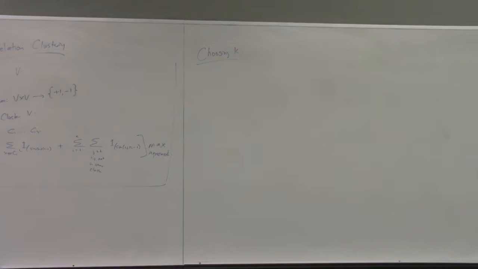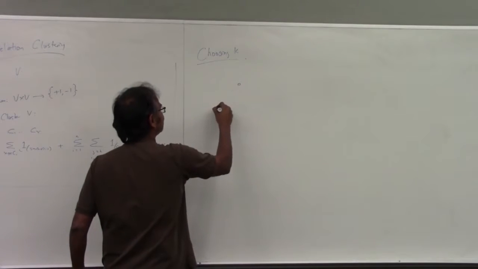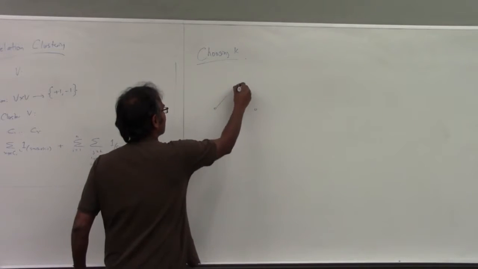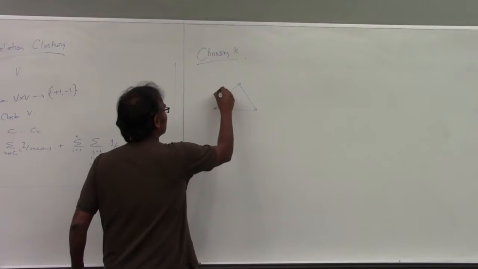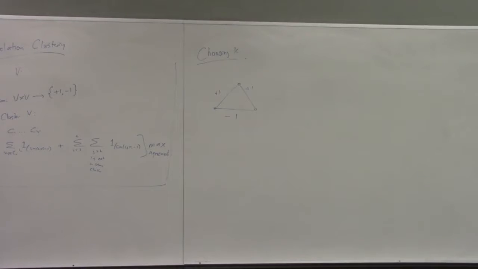It has bumps. So in particular, let's say you have 3 things. Plus one, minus one. There's no way to make yourself happy with this. No matter what you do, you're not going to maximize all the variables. You can try whatever you want, put them in separate clusters.